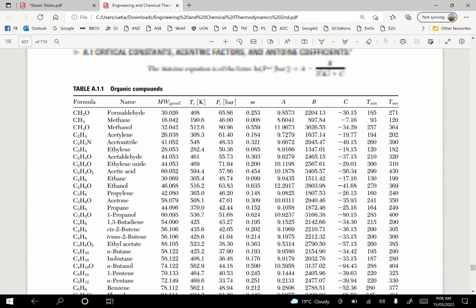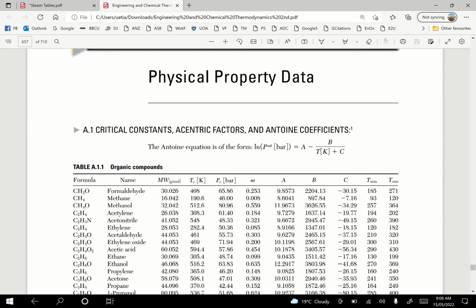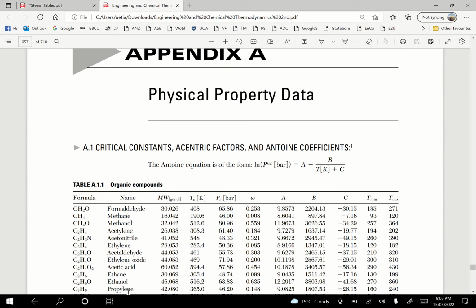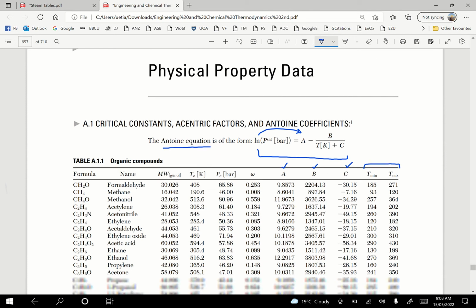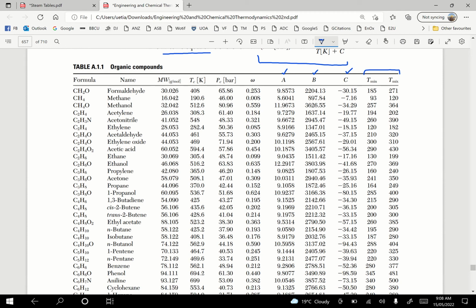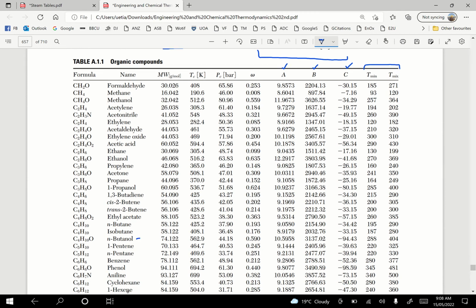In your book, this is critical physical property data, appendix A. This is Antoine's equation, and when you take the antilog, it becomes exp of A, B, C, with temperature in Kelvin. These are the values of A, B, and C, and this is the temperature range for which it is applicable. Now we have N-butane, so we need to look for N-butane here. So this is N-butane, right?